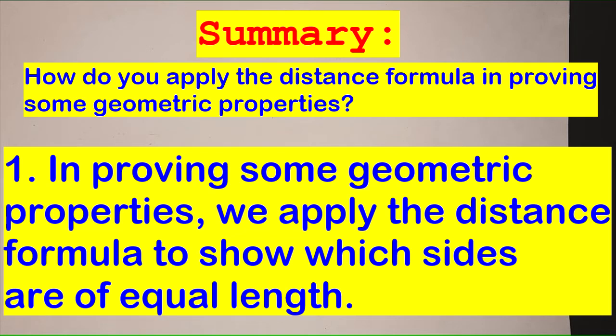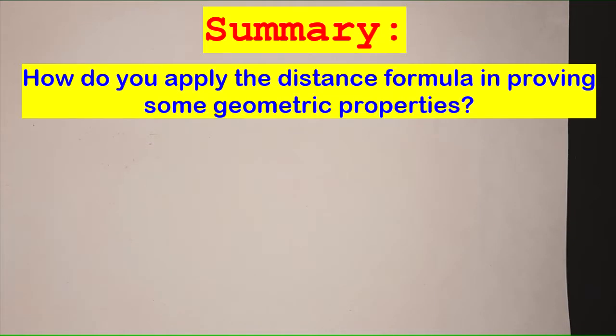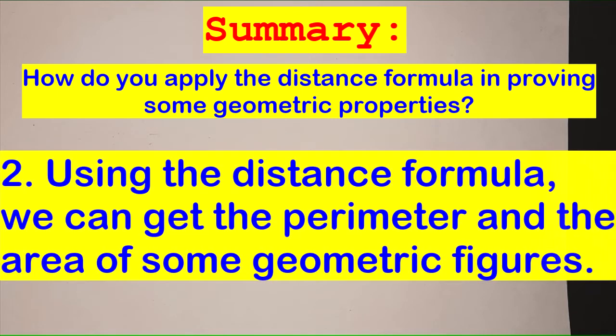We use the distance formula to get the distance between the vertices of the triangle. Okay? And then show that they are all equal. Diba? Okay, another important thing here. Okay? Using the distance formula, we can also get the perimeter and the area of some geometric figures. Diba? So, ganun lang. That's how we use the distance formula in proving some geometric properties.